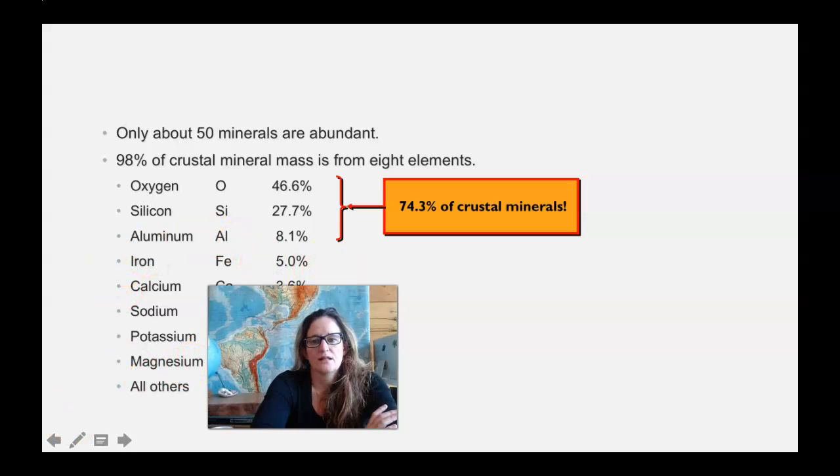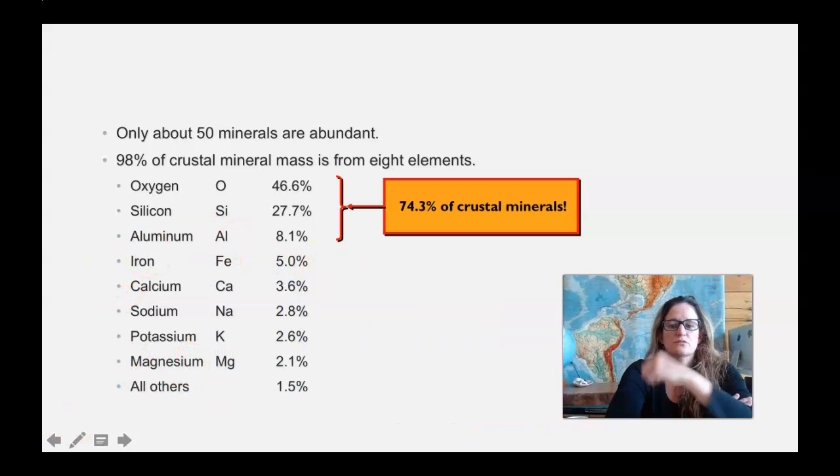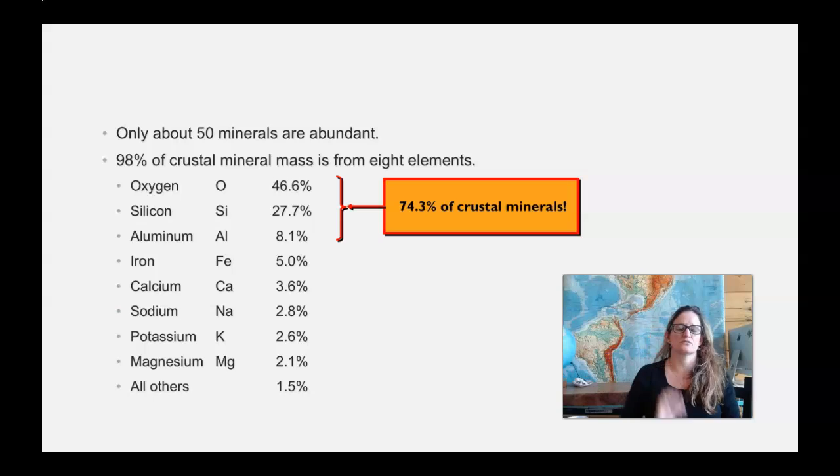So looking at the Earth's crust, there are only about 50 abundant minerals of the 4,000 minerals that we found on Earth, making up Earth. There's only 50 main ones. And if we look at the chemical composition of the Earth's crust, it's mostly made out of oxygen and silicon and aluminum.